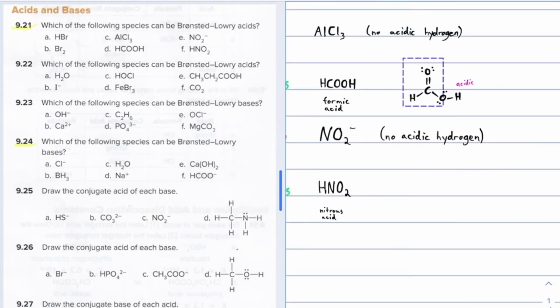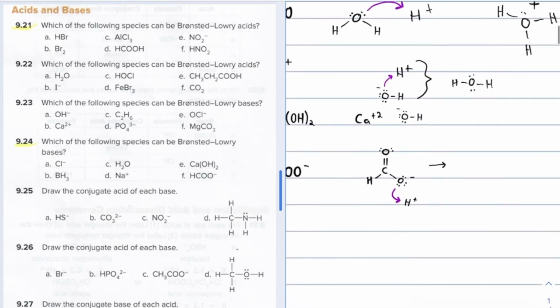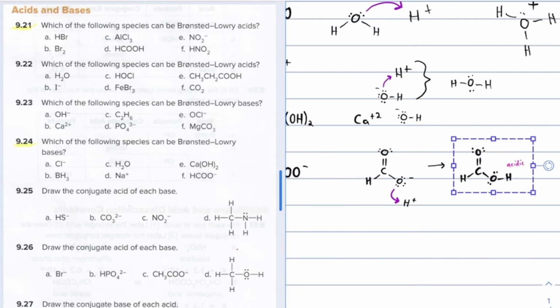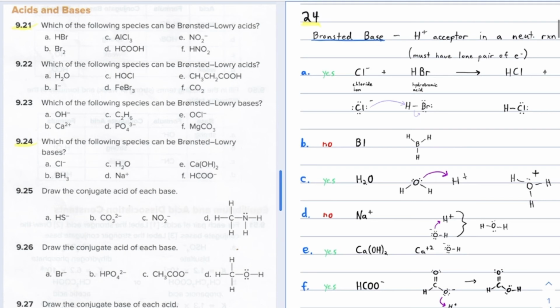Here it is. So it would turn into that. So formic acid is the conjugate acid of that base. So there you go. 4 Bronsted bases, 2 of them are not.